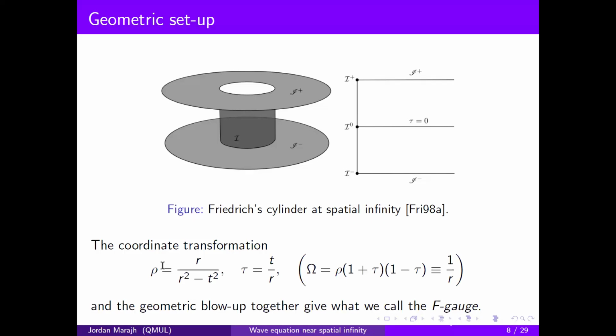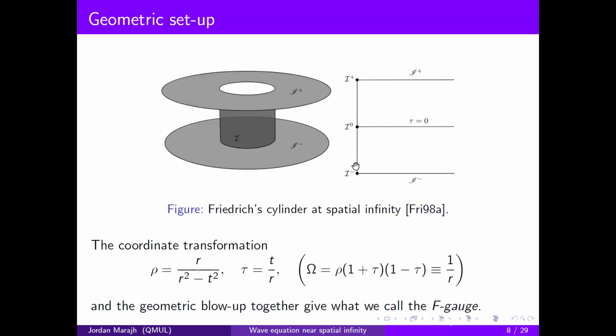So if t and r are your physical coordinates on Minkowski, then you can define new coordinates rho and tau in the following way. And in particular, what this means is that tau will be ranging between -1 and 1. And at -1, this is saying that I'm at the past conformal boundary. And at +1, I'm at the future. And rho is almost an inverted radial coordinate, if you like. When rho is 0, that means I'm at spatial infinity.